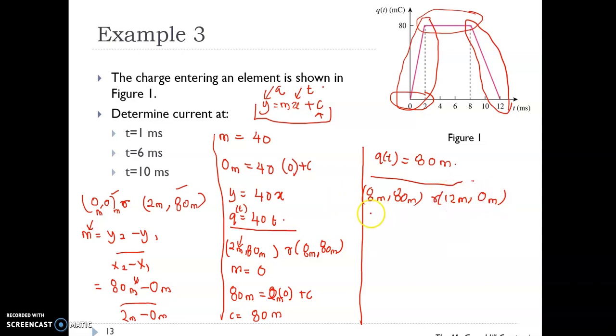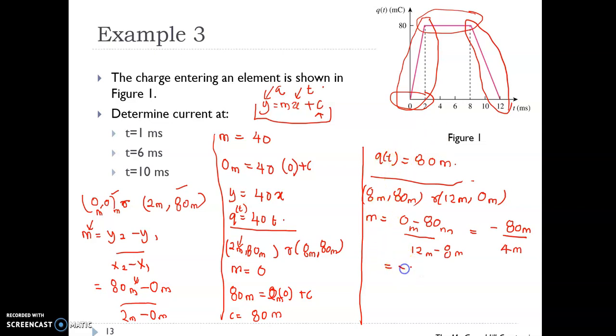Okay, therefore your m is equals to 0 minus 80m over 12m minus 8m, minus 80m over 4m, which equates to minus 20, right?